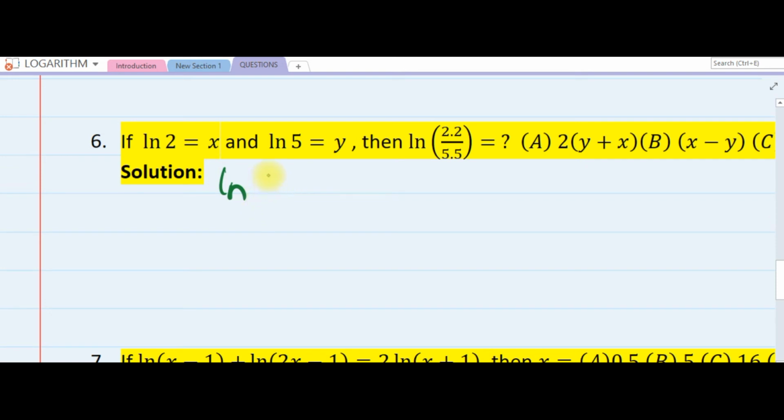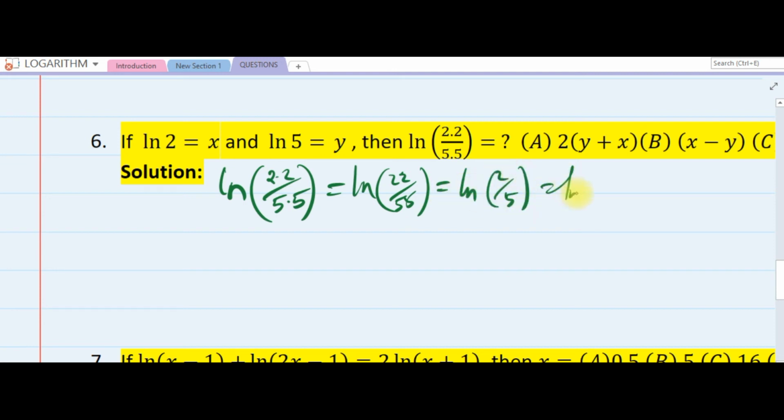Ln of 2.2 over 5.5 is the same thing as ln of 22 over 55, which is the same thing as, 11 can go, 2 over 5, which is ln 2 minus ln 5, which is our x minus y. So the answer is B, x minus y.